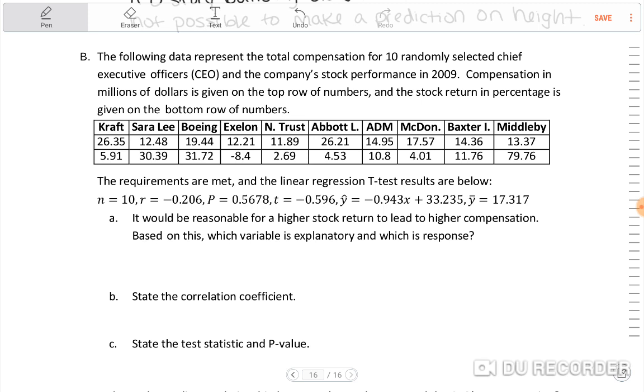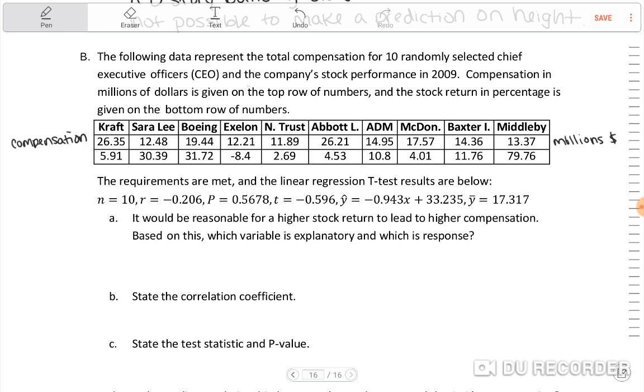Okay, let me go ahead and just write that down. Let's see, what did it say the top row was? It says the top row is compensation, millions of dollars. So I'm going to go ahead and write this here. Compensation. Over here I'll just put millions of dollars.